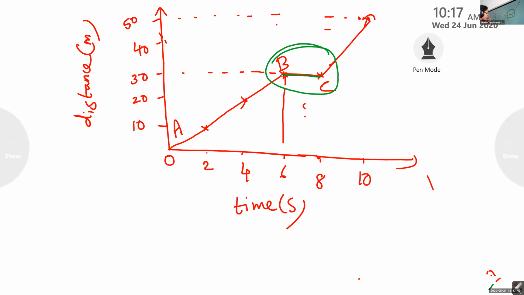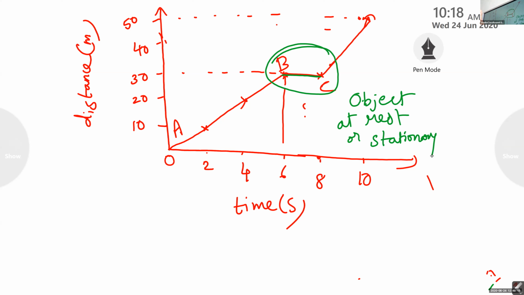Why? After 6, for the next 2 seconds, the bus is at 30. Therefore, it indicates a stationary object. So write down: BC indicates object at rest, or object that is stationary.